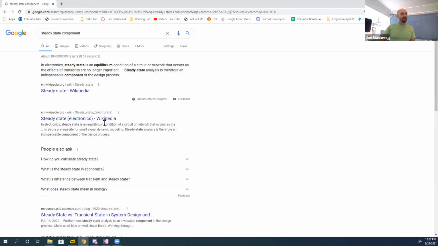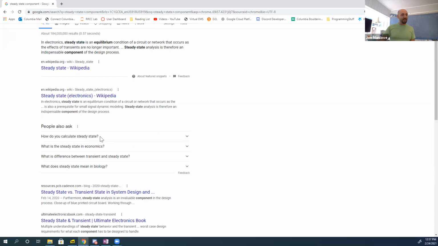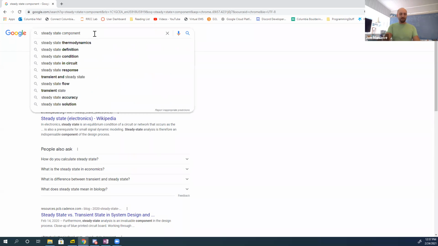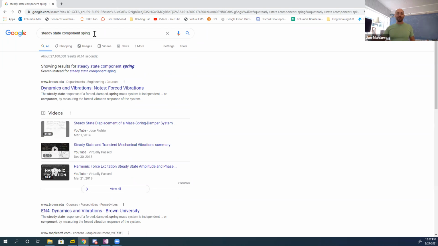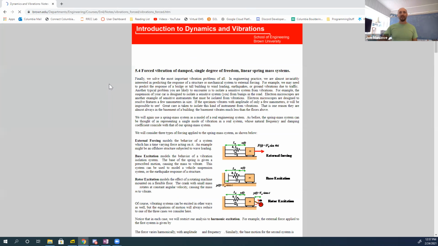Let's see. Steady state in electronics. I want a steady state component of a spring. Oops, that is not how you spell the word spring. If you Google things and can't spell them, there is a problem.